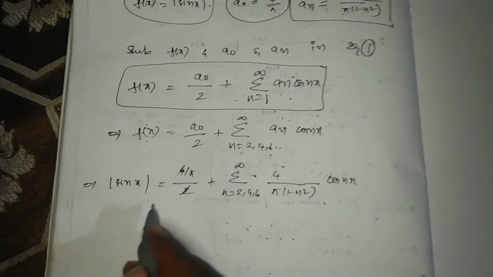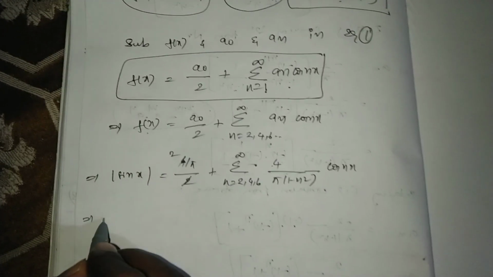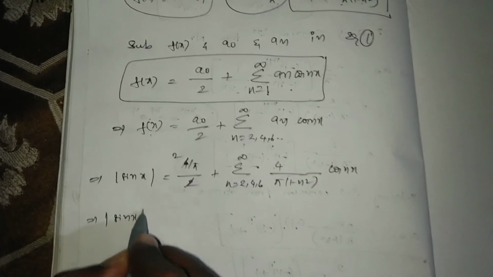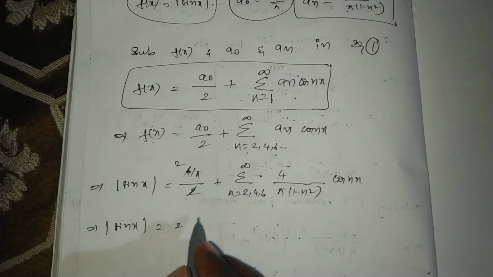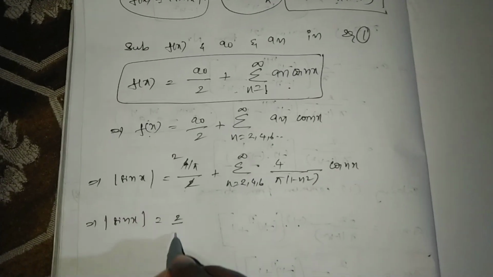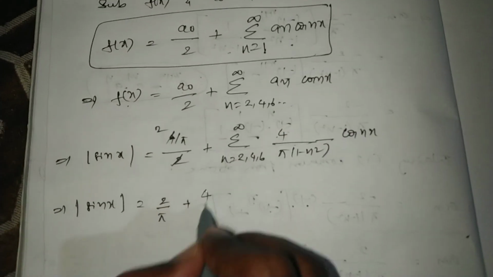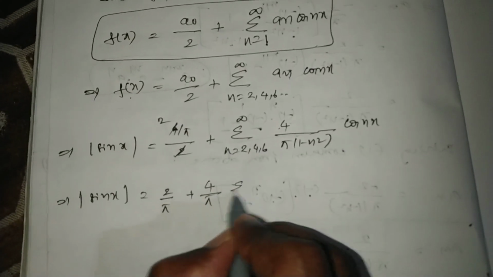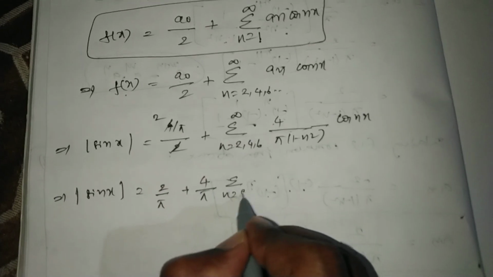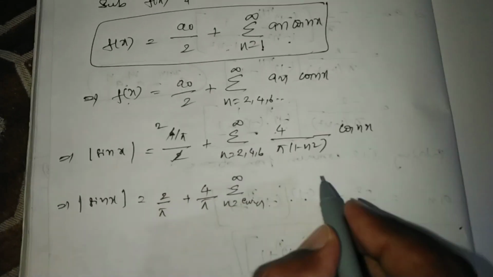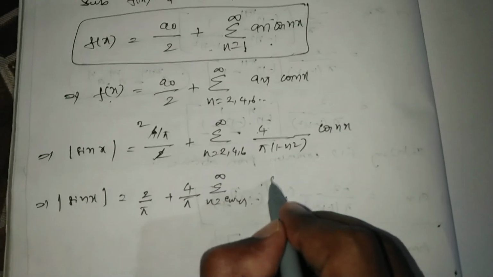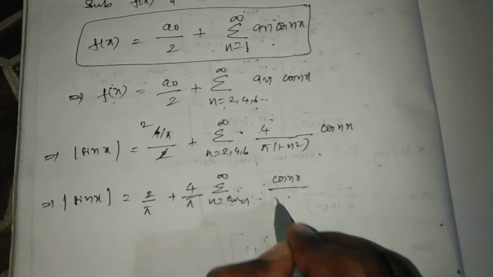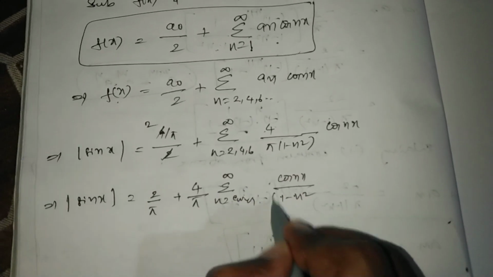So that is mod sin x is equal to 2 by pi plus, 4 by pi being common, summation n equal to even to infinity cos nx by 1 minus n square.